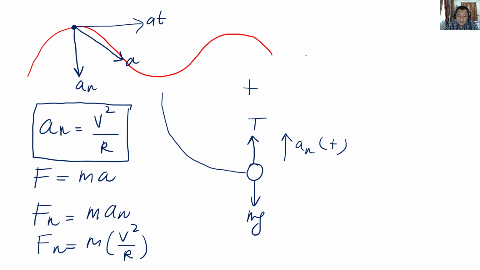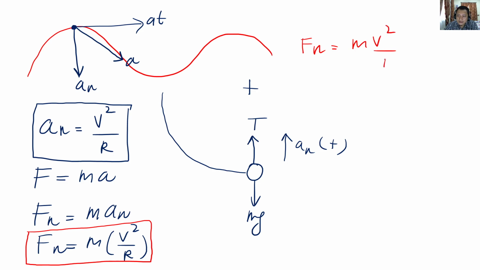So let's solve this equation. F normal is equal to mv squared over r. You have to find summation as usual.